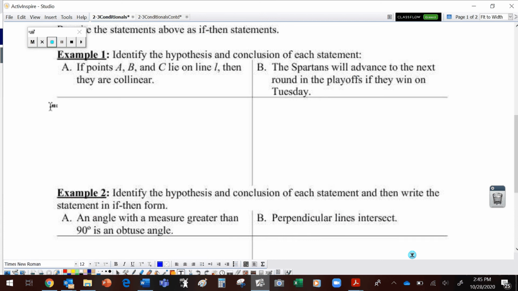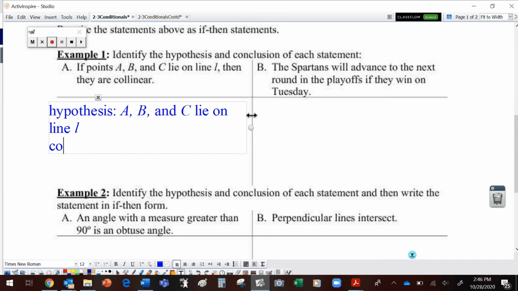So I have if A, B, and C lie on line L, then they are collinear. So the hypothesis, we said, is this part that follows immediately after the word if. And what follows immediately if is A, B, and C lie on line L. Okay, and there is our hypothesis.